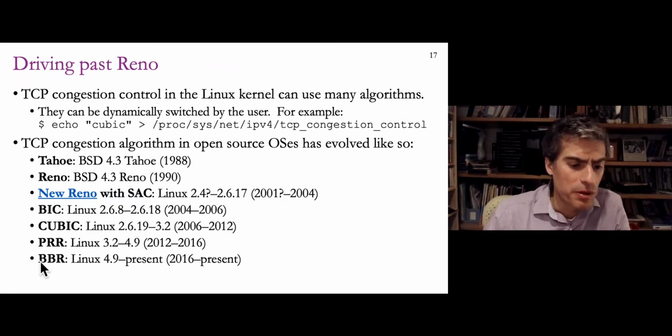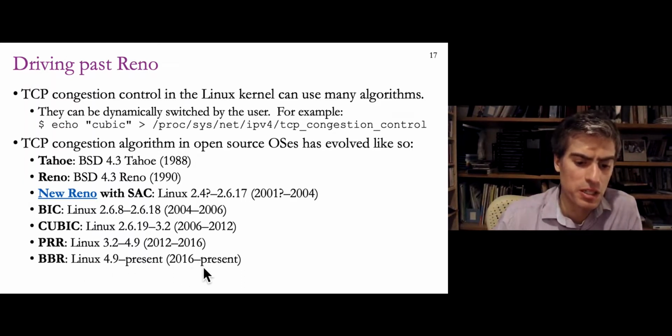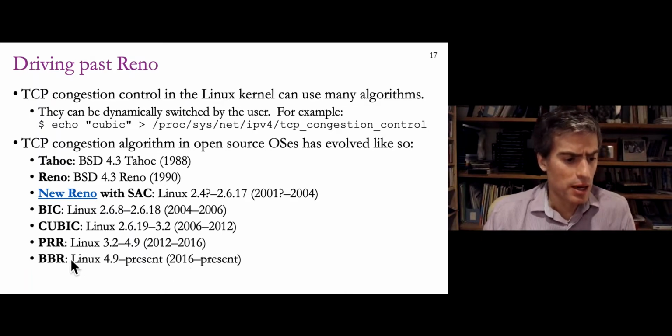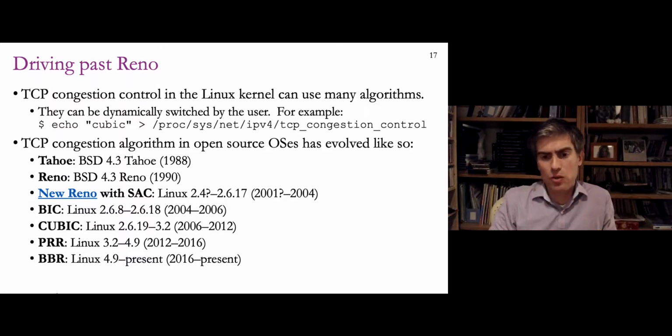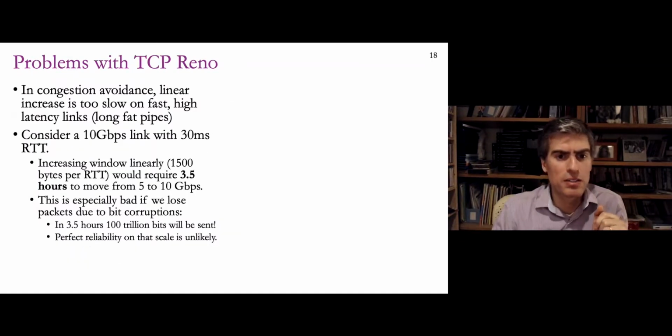Then PRR, and then finally BBR, which we'll talk about, which was adopted as a default in 2016 for the latest Linux kernels. All these are different ways to control the congestion window size up and down in response to network congestion and to try to set it to the right value, but they operate in slightly different ways. So let's look at some problems with TCP Reno.